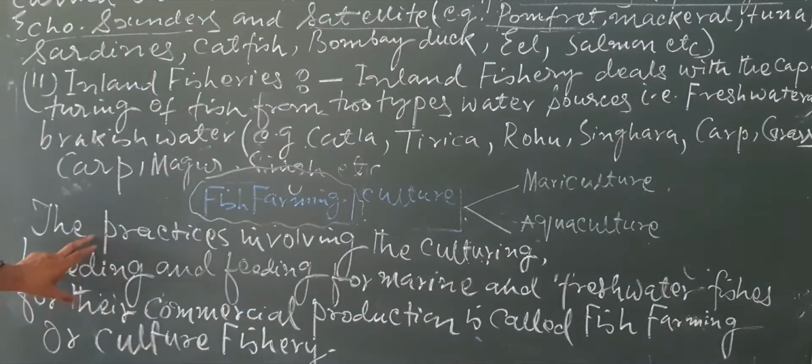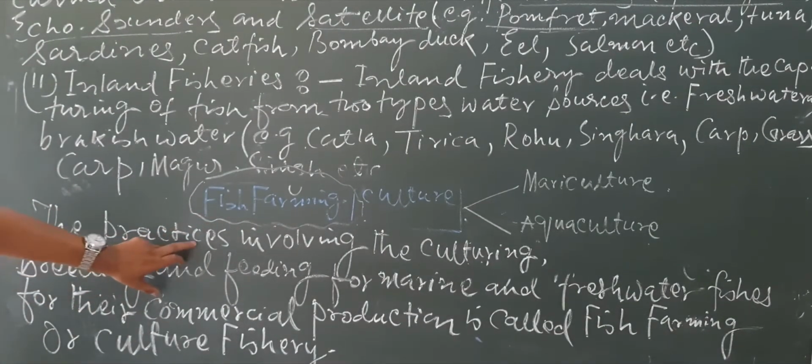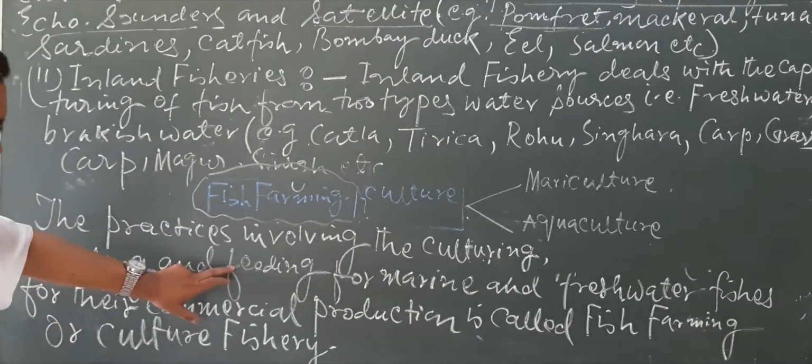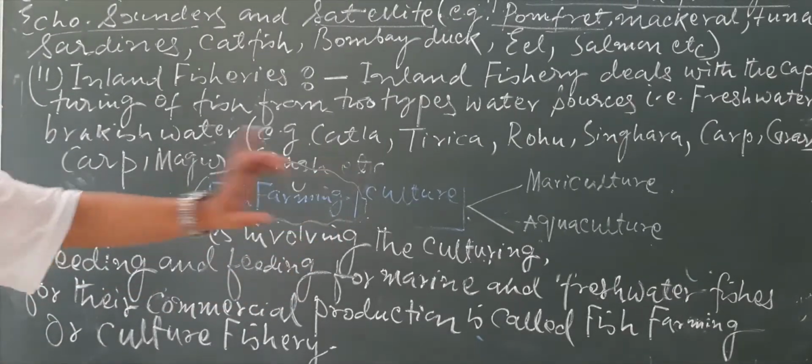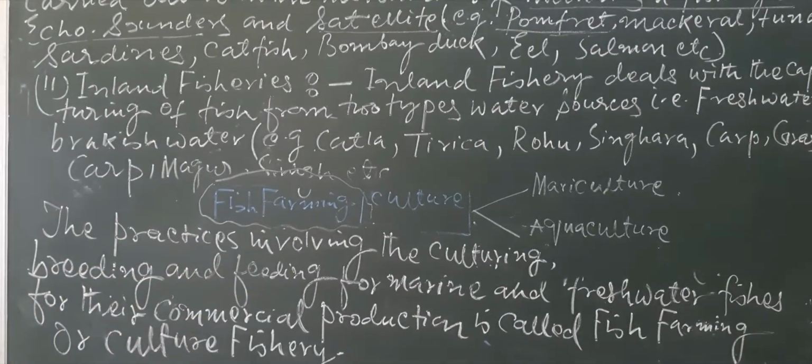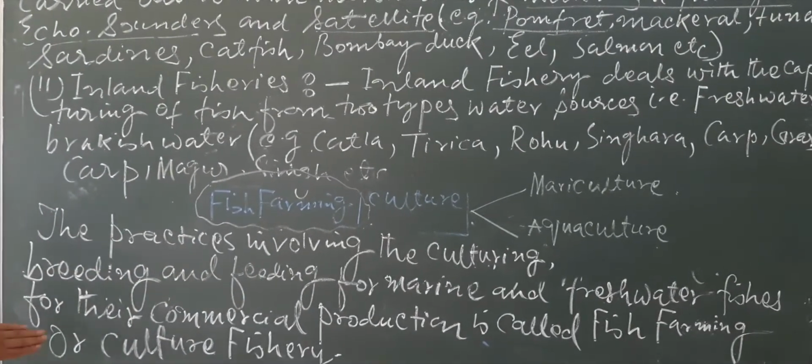That is why here first you may look at the definition. The practices involving the culturing, breeding and feeding of marine and freshwater fishes for their commercial production is called fish farming or culture fishery.